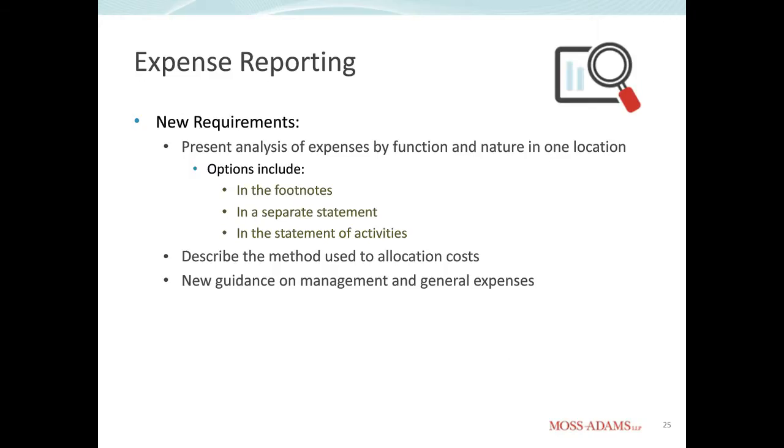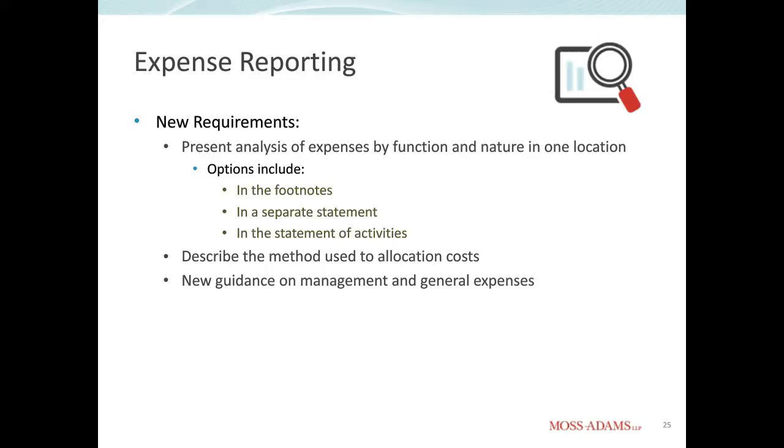There are some new requirements related to expense reporting, and that has to do with presenting expenses by function as well as natural classification. In the past, this was a requirement for voluntary health and welfare organizations, so you will see this in a lot of financial statements of not-for-profit organizations.